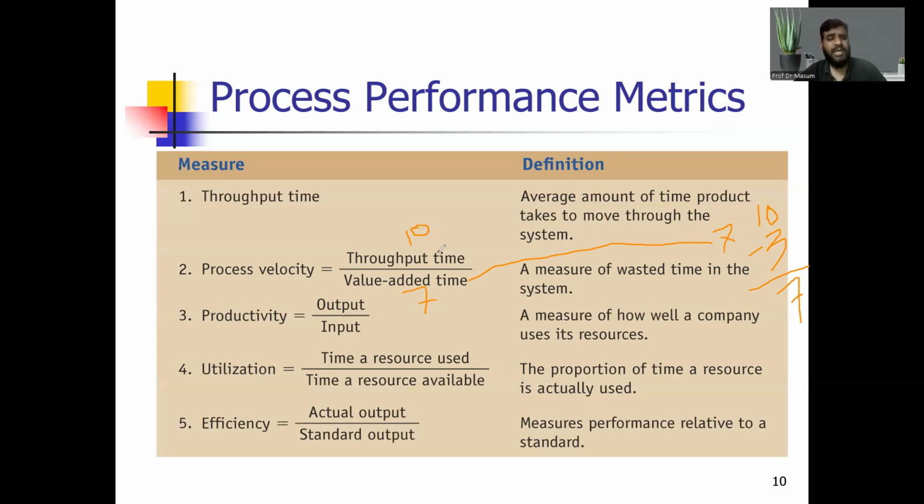So process velocity here is more than 1. But if there is no allowance, no machine breakdown, no extra time, then what will your value added time be? 10 minutes, isn't it?